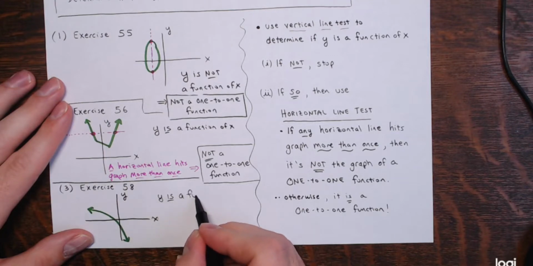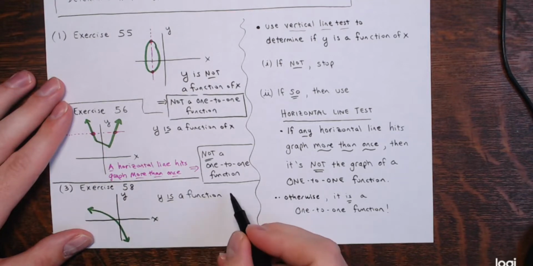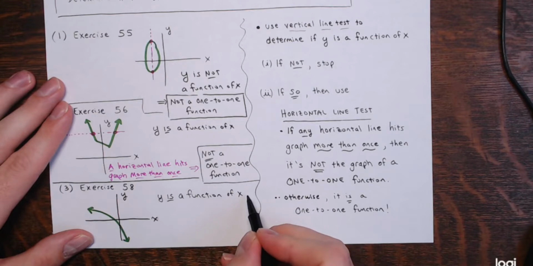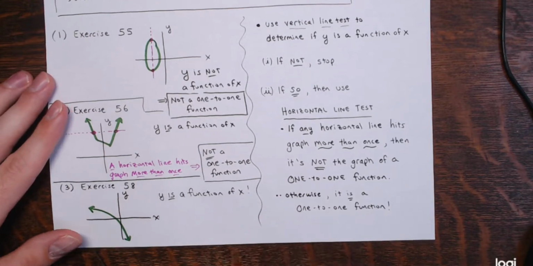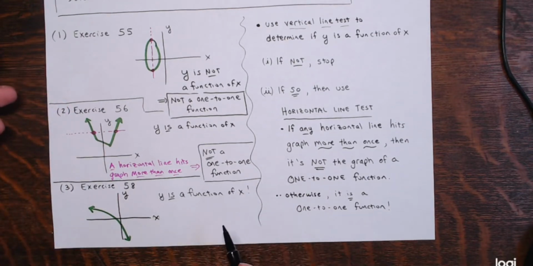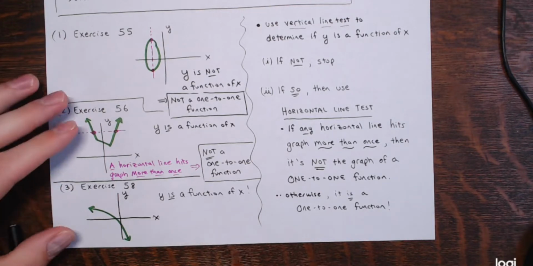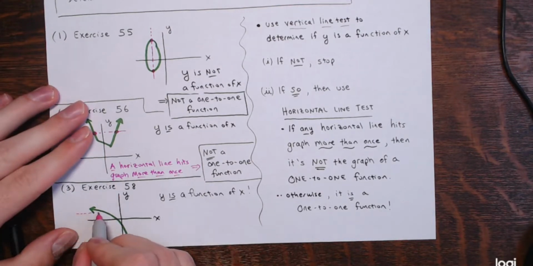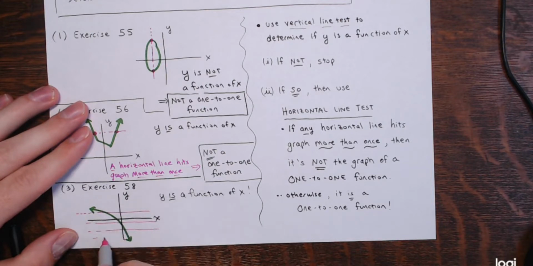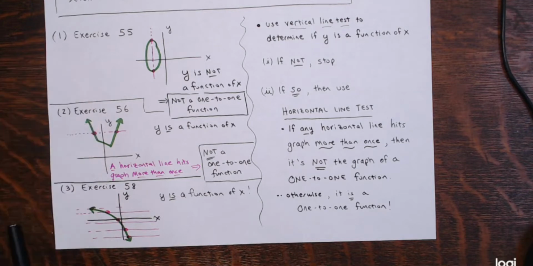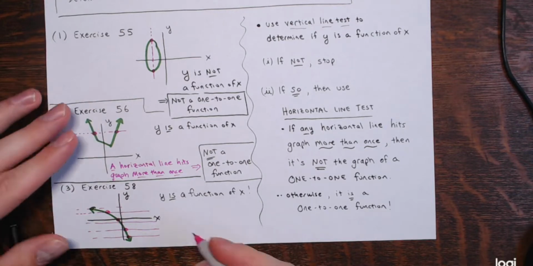It's a function, and then the next question to ask yourself is, is it a one-to-one function? And again, now I'm going left to right here with horizontal lines, and no matter what horizontal line I draw, I'm hitting this graph one time, and no more than once.